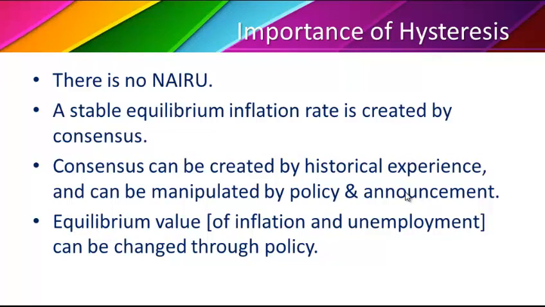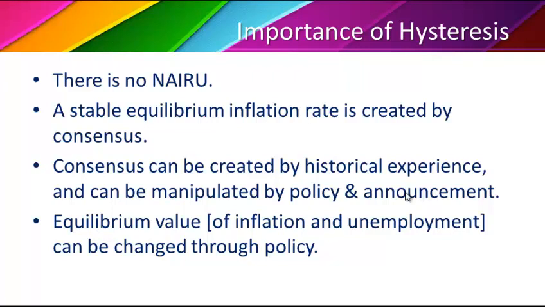And so the equilibrium inflation rate is actually dependent on consensus. If everybody knows that there is going to be 10% inflation, then this becomes a self-fulfilling prophecy, because when the employers negotiate with the employees for wages for next year, everybody is calculating that yes, there will be inflation of 10%, so employees ask for 10% wage increase, employers agree to 10% wage increase because they also think that we are going to be able to sell our products at 10% more.